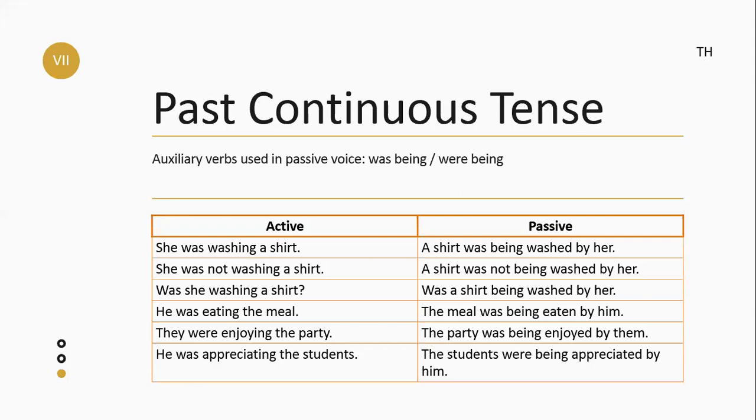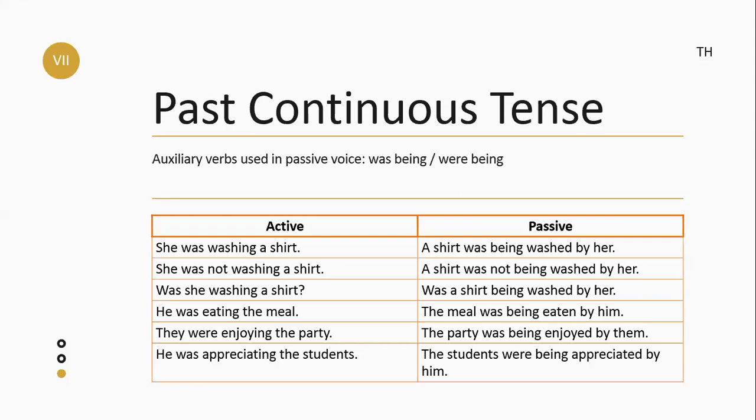The competition had been won by them. Yes, very good. The competition had been, B-E-E-N, right? So as I said before, if it's a continuous sentence, we use B-E-I-N-G. If it's the perfect tense, we use B-E-E-N, right? Well done. So that is what it is.